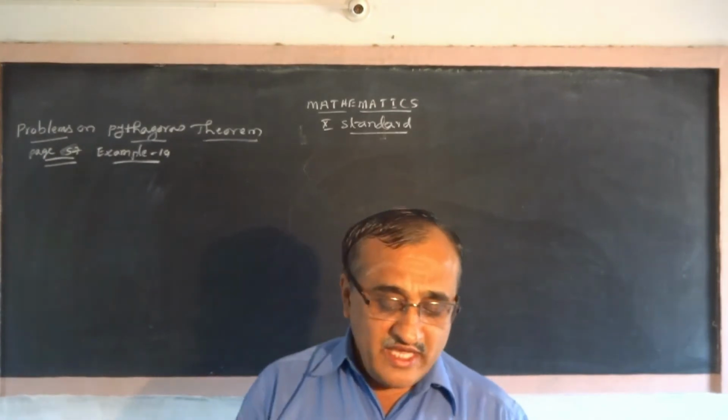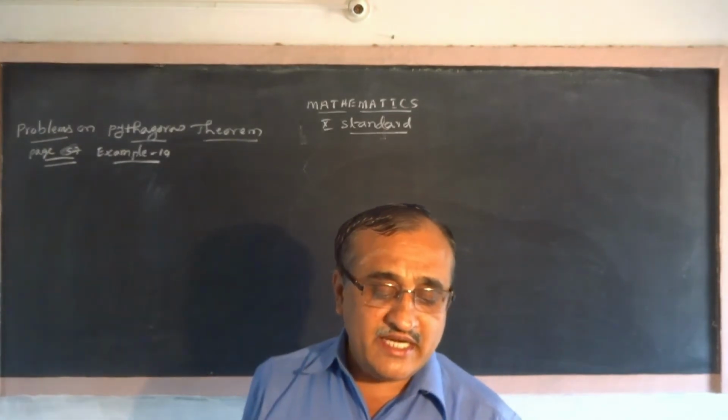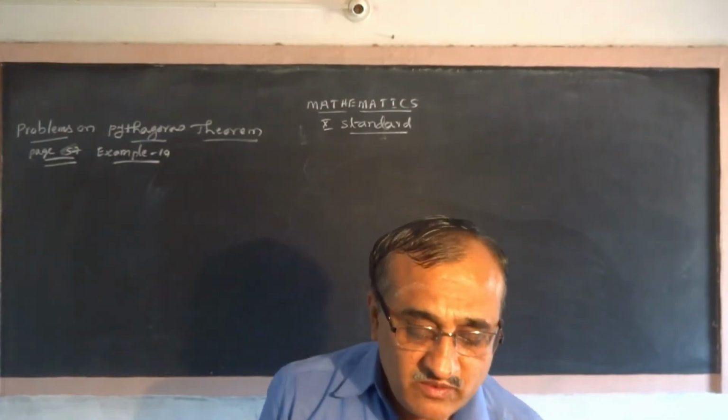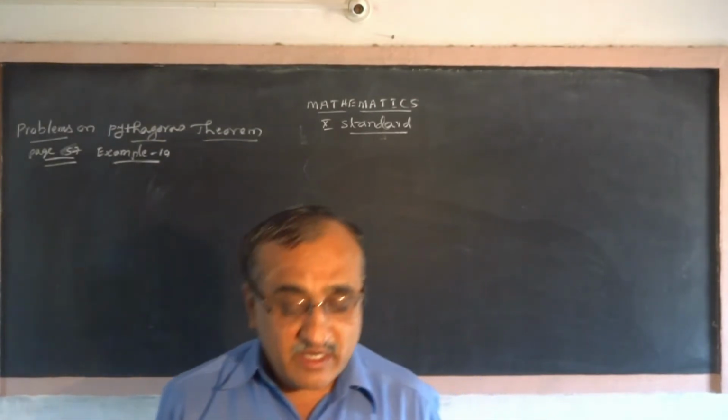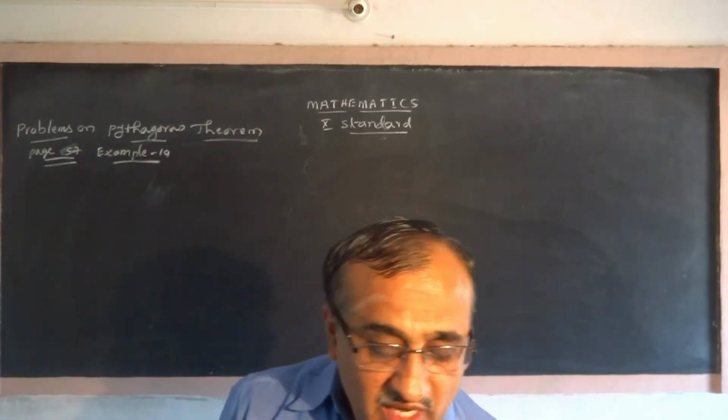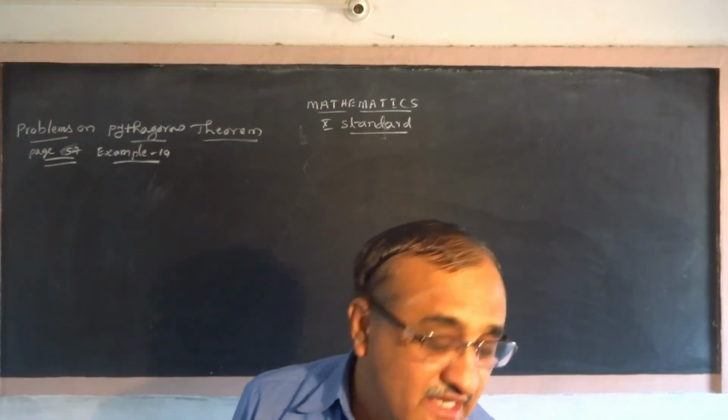What is that? O is any point inside a rectangle ABCD. Prove that OB square plus OD square equals OA square plus OC square. You are required to draw a rectangle.